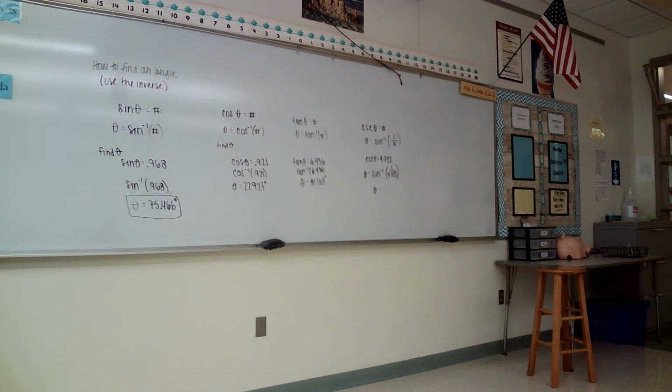So the inverse sine of 1 over, sometimes you might need different things like parentheses. You don't need parentheses, let me try. It's just sometimes it's different. That's why we practice.